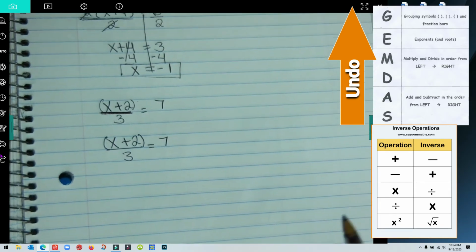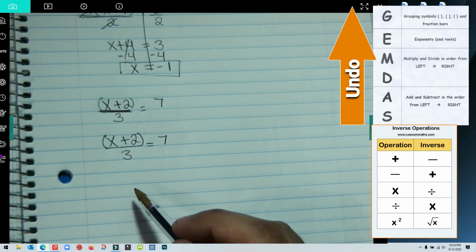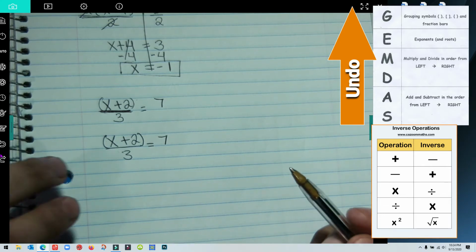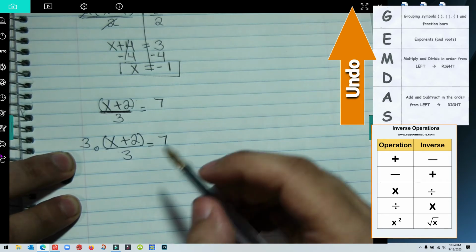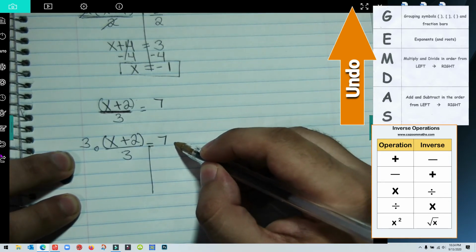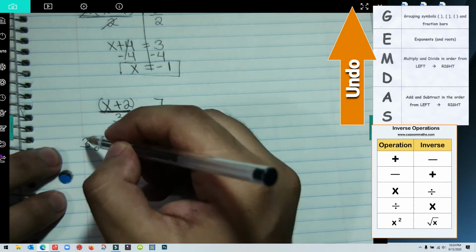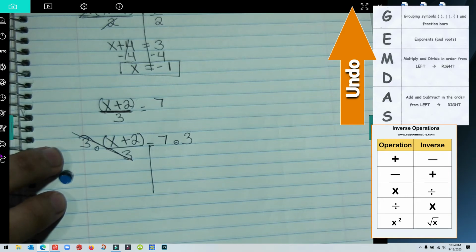Alright, so I need to get rid of this division of 3 first. So how do I undo, or what's the opposite of dividing by 3? We're going to go ahead and multiply both sides by 3. Now on the left side, these guys are going to reduce. They're gone.